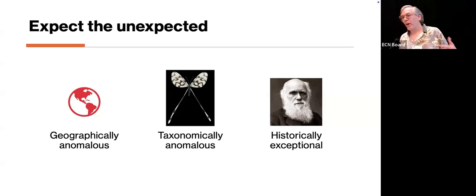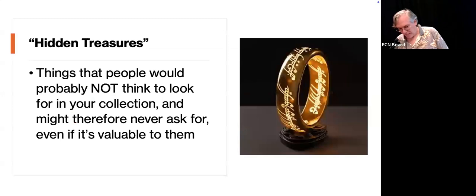There's a known history for every collection, and then there is the unknown history. And so that has to be something that you might know about, but might need to be a little bit more widely shared. So what this means is that you might have hidden treasures. We all have hidden treasures, things that just lurk where no one would expect to find them, like that.